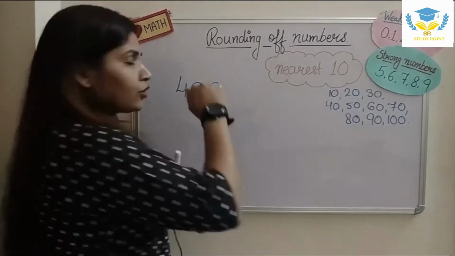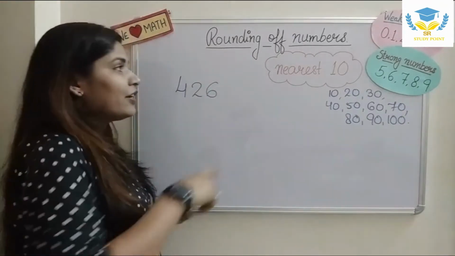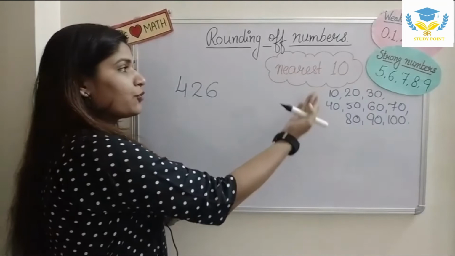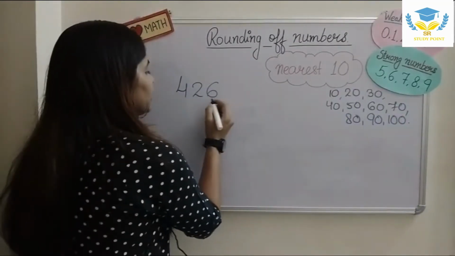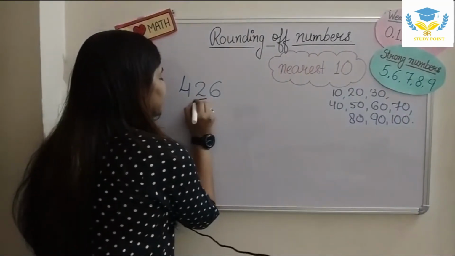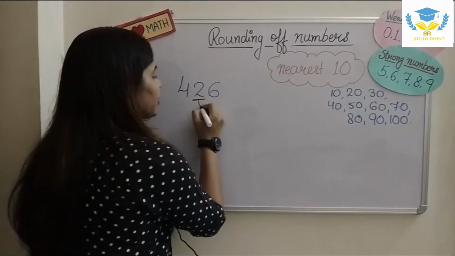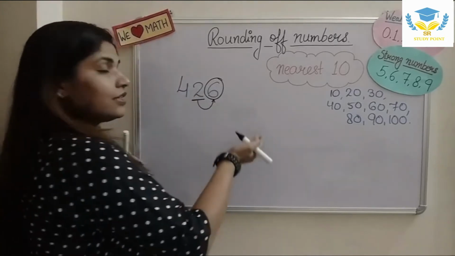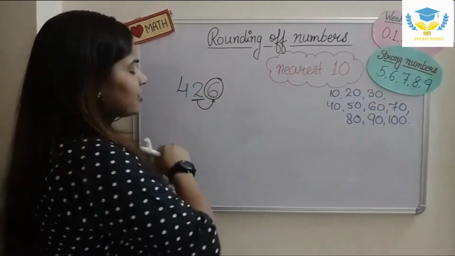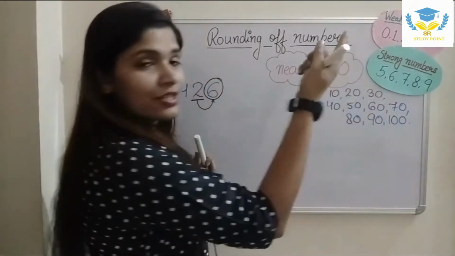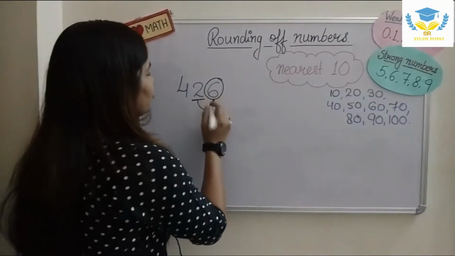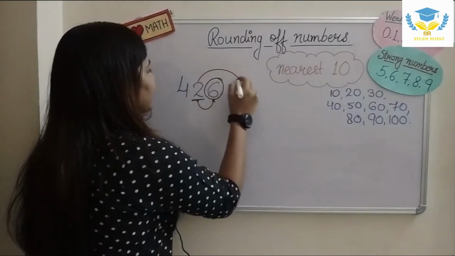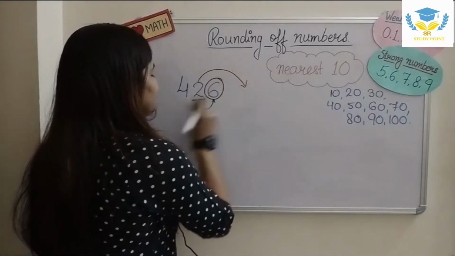so again, no need to worry, children. Again we are going to count and we are going to mark the tens place as we are doing the nearest 10. So ones and tens, 2 is at the tens place, and again we are going to circle the next number adjacent towards the right side. 6 belongs to the strong number category. So 6 is going to push 2 and it will shift to the next number.